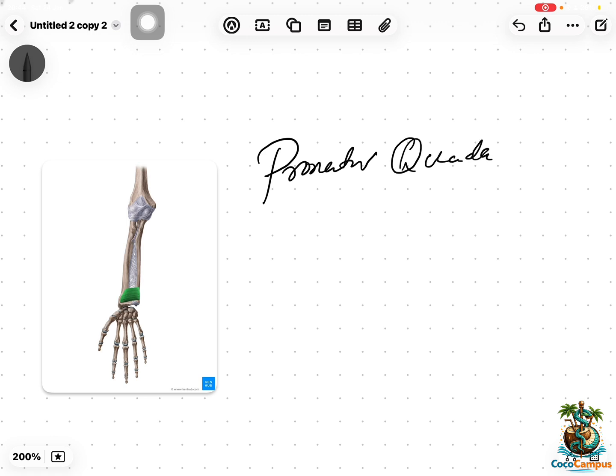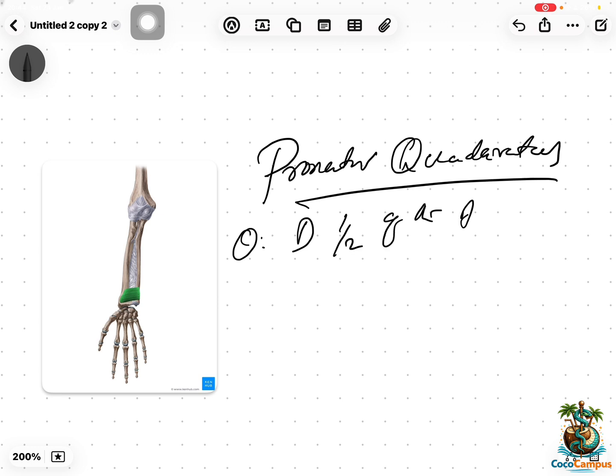Pronator quadratus muscle. Now, the origin of the pronator quadratus is the distal quarter of the anterior surface of the ulna. And its insertion is the distal quarter of the anterior surface of the radius. Very simple, right?